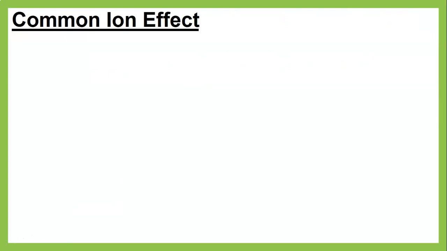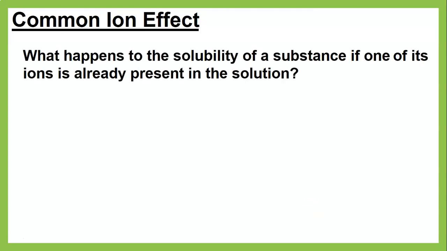One thing that tends to come up in these Ksp problems that doesn't come up as often in a normal equilibrium problem is something called the common ion effect. What the common ion effect looks at is how does our solubility change? How do our answers change if we already have one of the ions present? If there's a common ion already floating around.